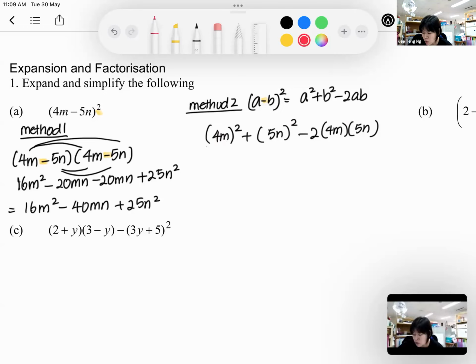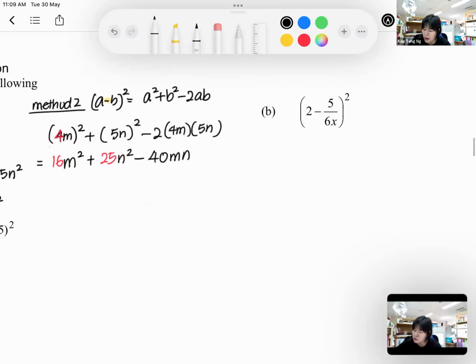Then you must remember to square the 4, to give you 16m squared, 25n squared, minus 2 times 4, 8 times 5, 40mn. Okay, so then you can get your answers. Both answers are correct.